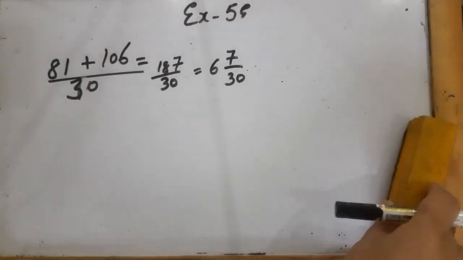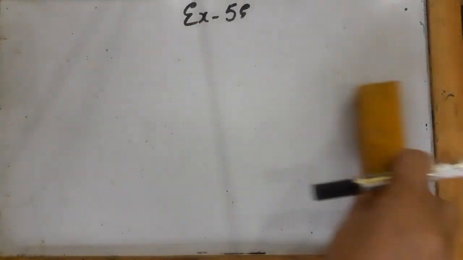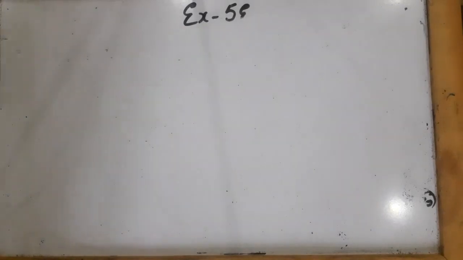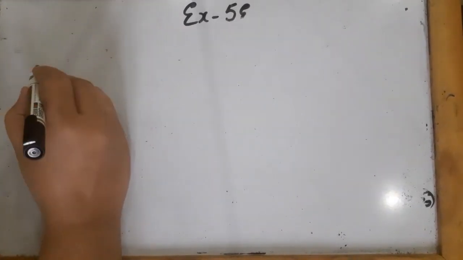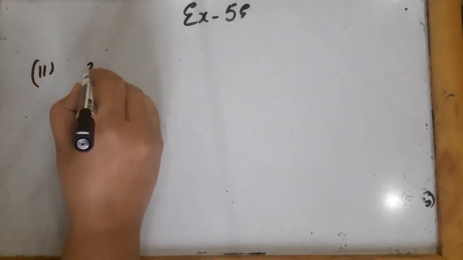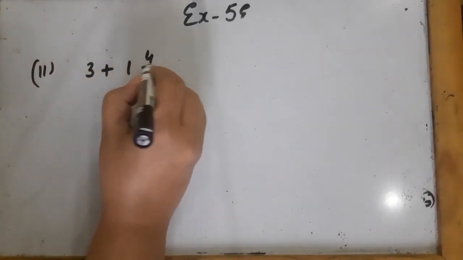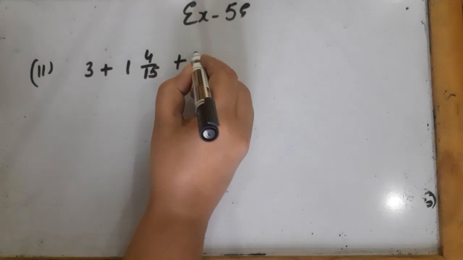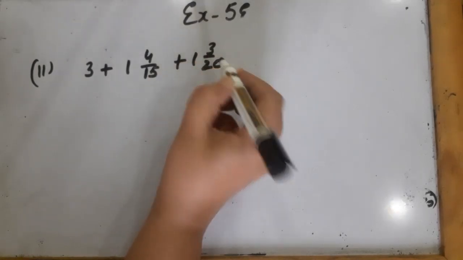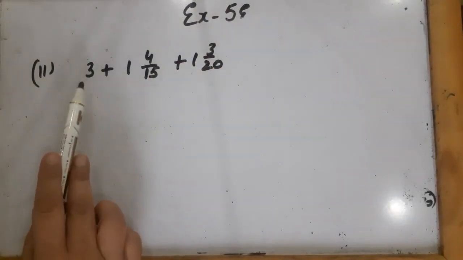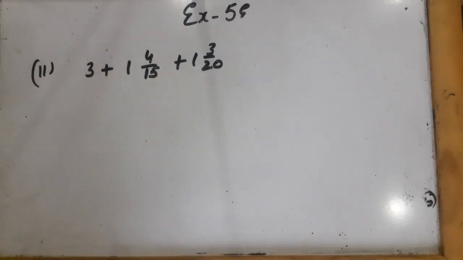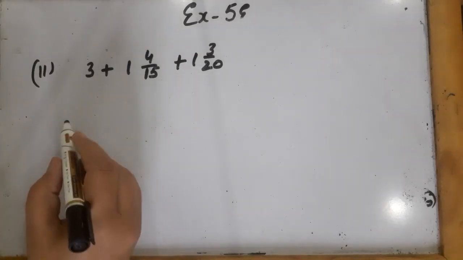First we convert them into like fractions and then we add. Okay, now let me do the 11th question. It's 3 plus 1 4 by 15 plus 1 3 by 20. Now as you can see, the first one is only a whole number, and in one of the exercises I told you that the whole numbers also I can convert into fractions.